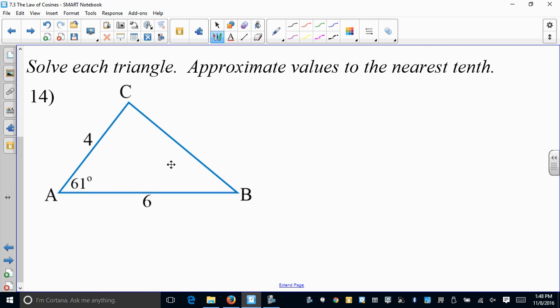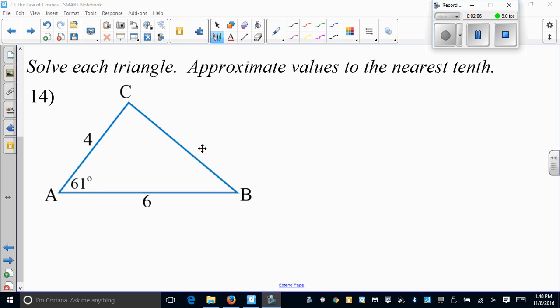So on this one, what we're going to do is set up the triangle. Angle A they gave us, which is 61 degrees. Little a they did not give us, that's going to be over here. Angle B they did not give us.